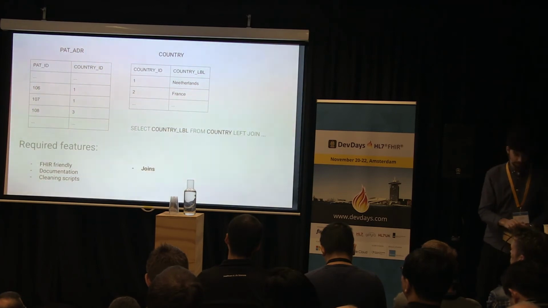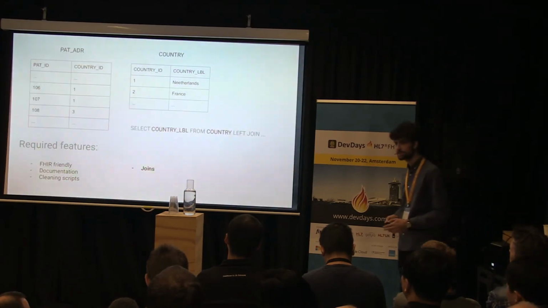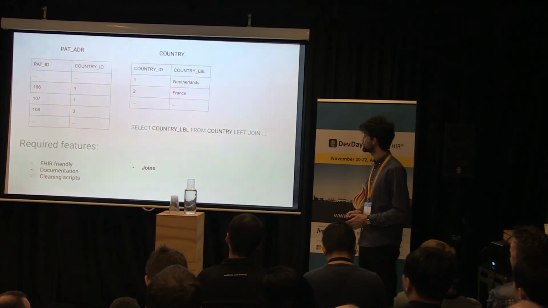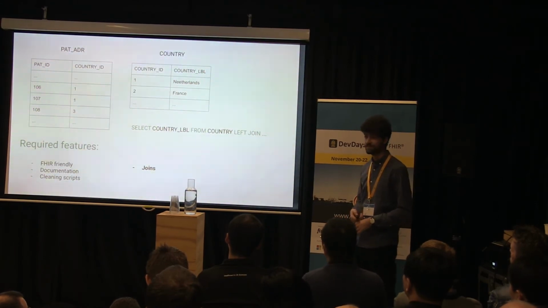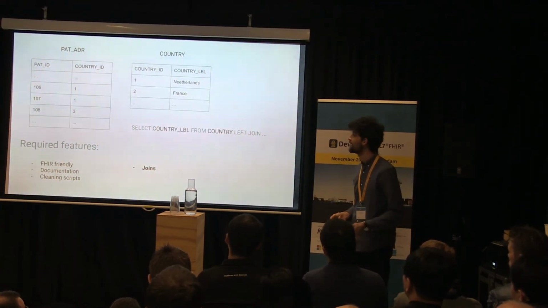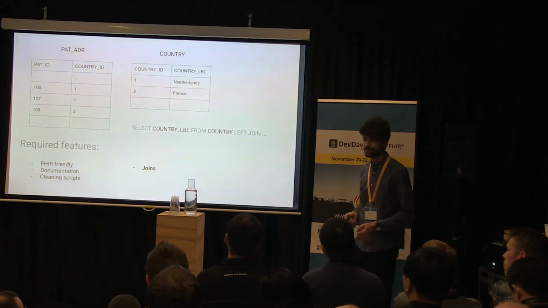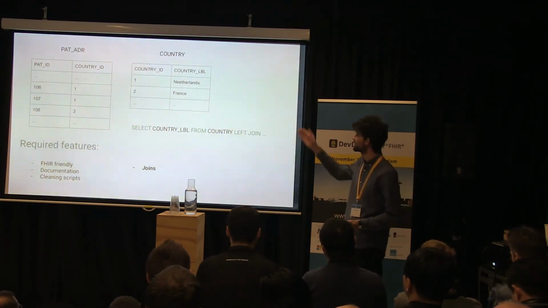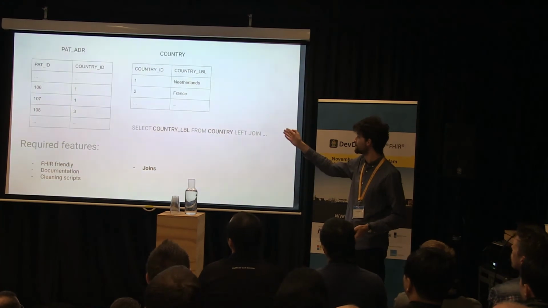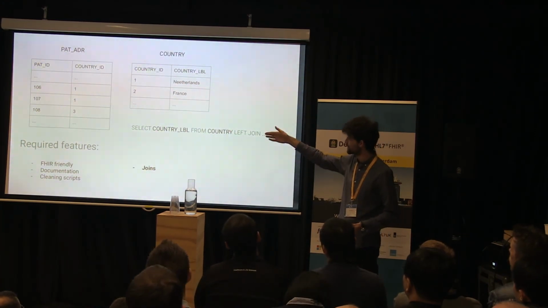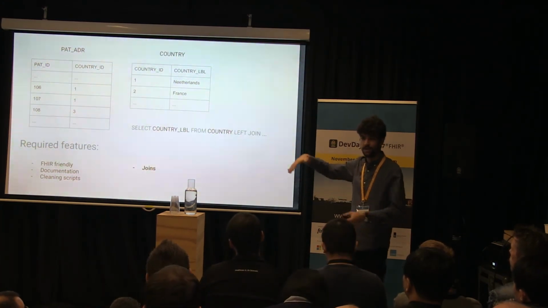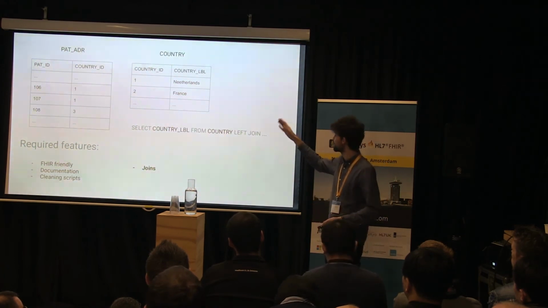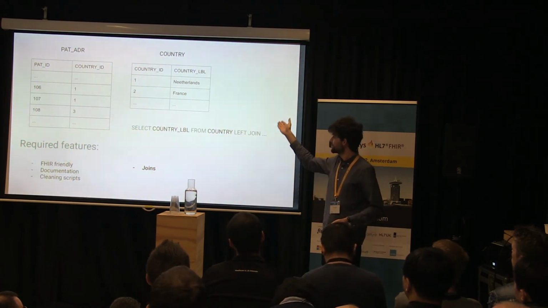Then we work with relational databases, so we'd like to be able to make joins. A typical example is something you can find in hospital databases, that for the address, each country has an ID, and there you have another table with all countries matching the IDs.